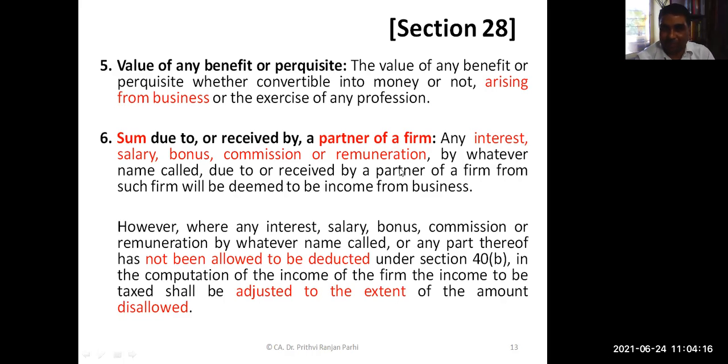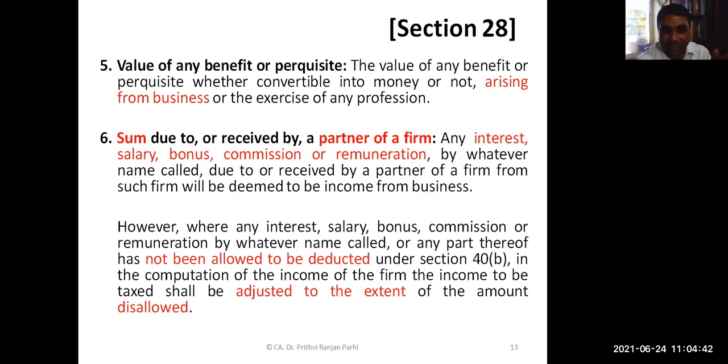When these are paid by the firm, they are expenses for the business, that means expenses for the firm. So those expenses will be allowed, but the same amounts are income for the partners. The firm is paying salary, so from the firm's point of view, that is an expense. But the partner is receiving salary, so for the partner, that is an income.